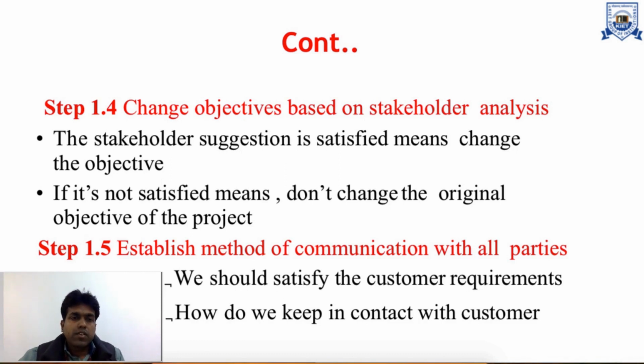The next step is establish method of communication with all the parties. We'll have to satisfy the customer requirement, what the customer basically wanted from this project. So we'll have to keep contact with these customers and satisfy the requirements also.